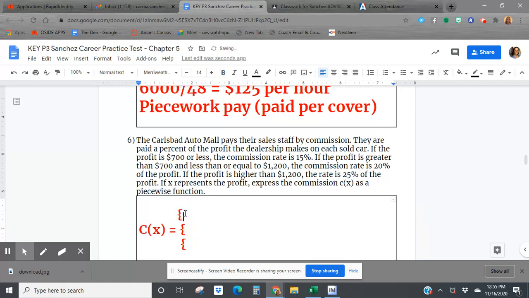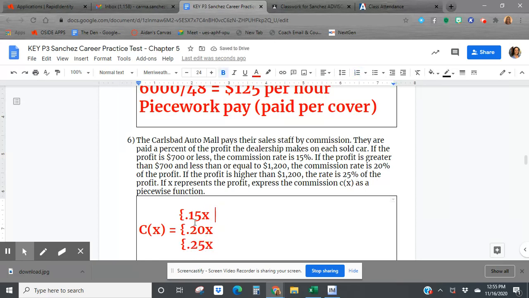All right, so 0.15x comes from the commission rate of 15%. 0.20x comes from the commission of 20% of the profit, and 0.25x comes from the commission of 25%.